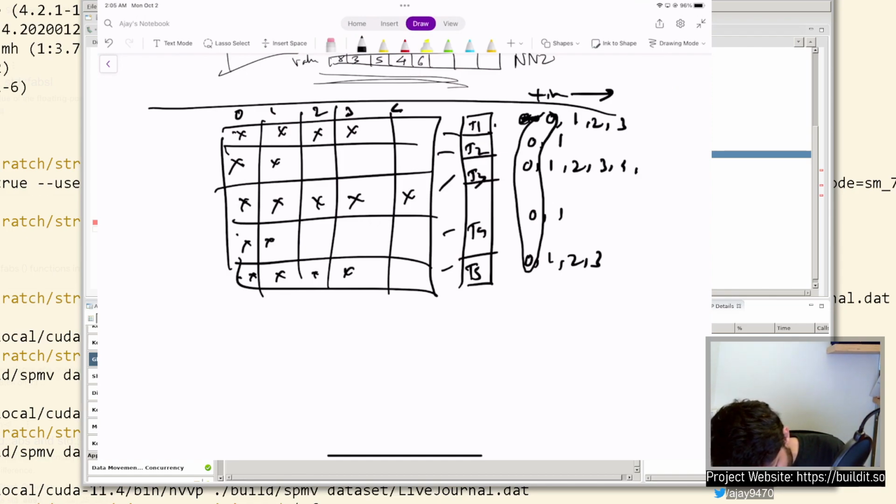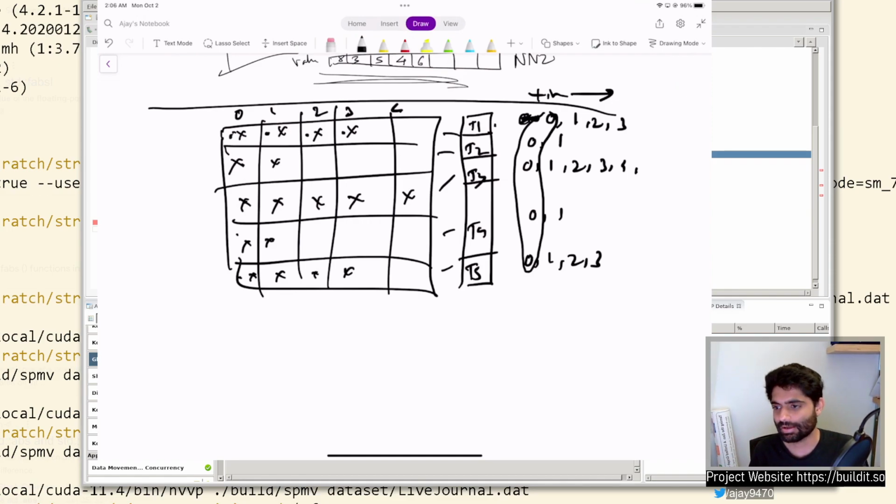But what if we changed it so that in this first cycle, thread 1 accesses this, thread 2 accesses this, thread 3 accesses this, and so on and so forth? What I want to do is I want different threads in a warp to access different edges of the same vertex instead of different vertices, and that way they can access memory next to each other.